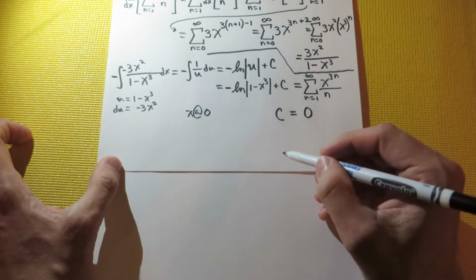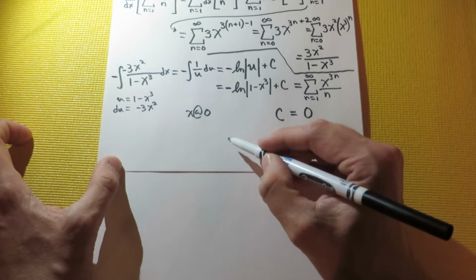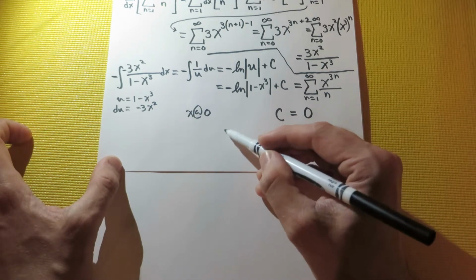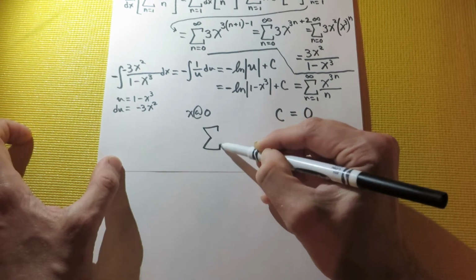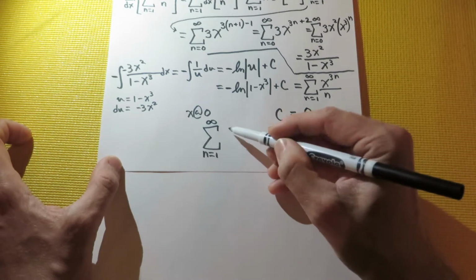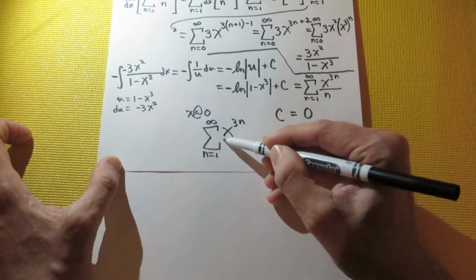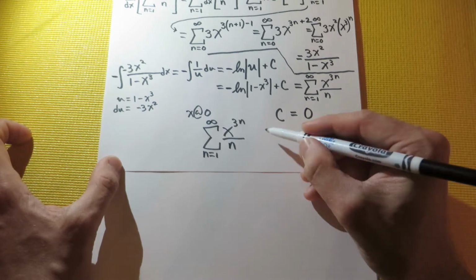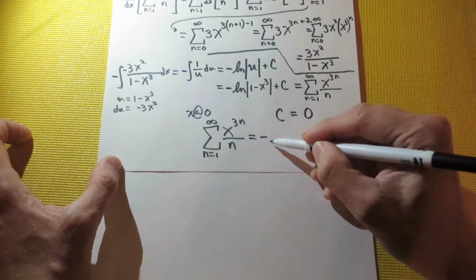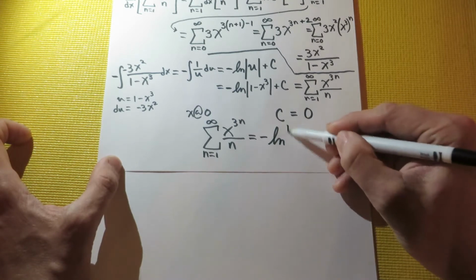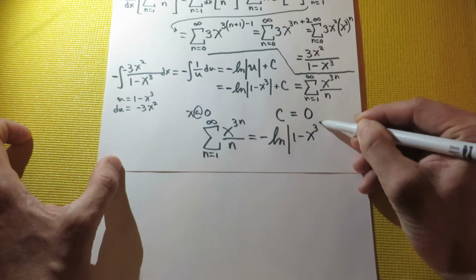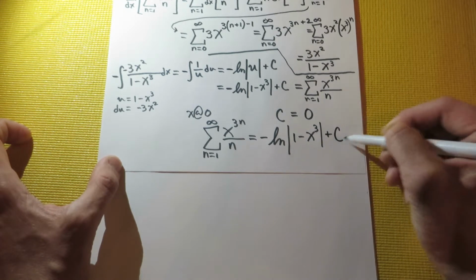And then we're in the home stretch here, because we have shown that our series from n equals 1 to infinity of x to the 3nth power over n is just going to equal the negative natural log of the absolute value of 1 minus x cubed plus c.